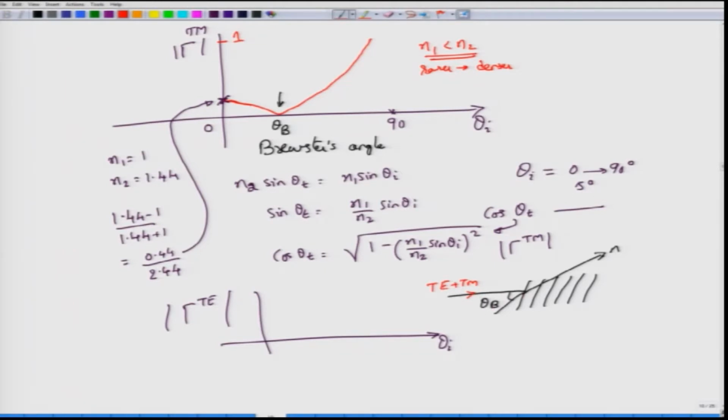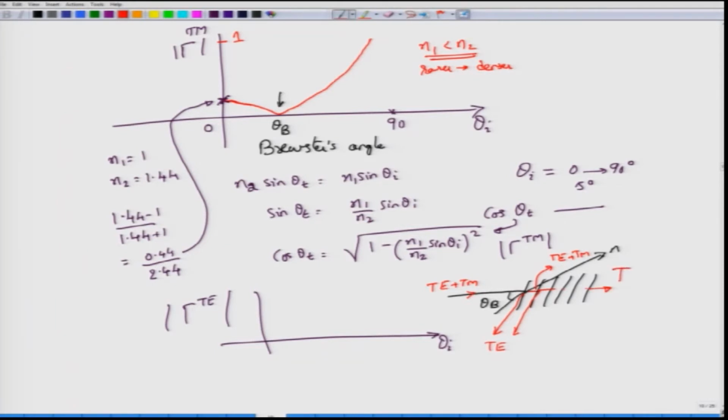Because this is incident at an angle theta b, the wave that continues next would be completely TM wave, and there will be partial reflection for the TE wave, and the next time also there will be partial reflection of the TE wave, while TM continues and so on.